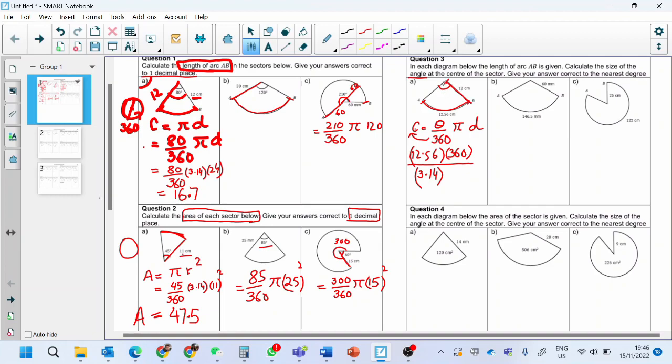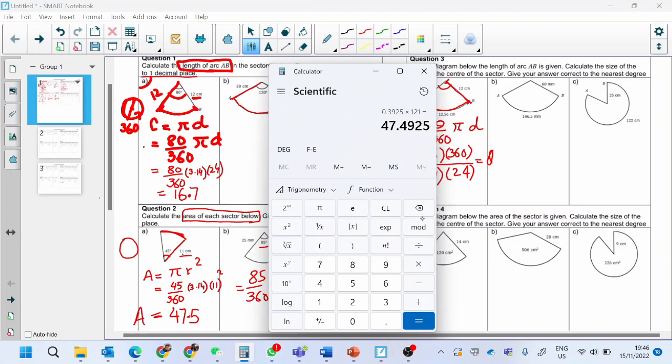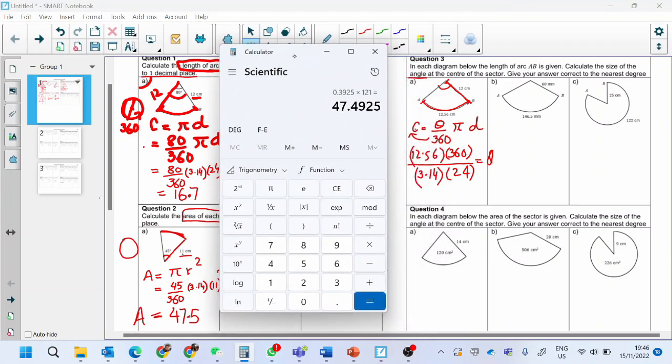that means the diameter is double the radius. So the radius is 12, so the diameter will be 24. So this one should now give us the angle theta. So we try to solve this question here.